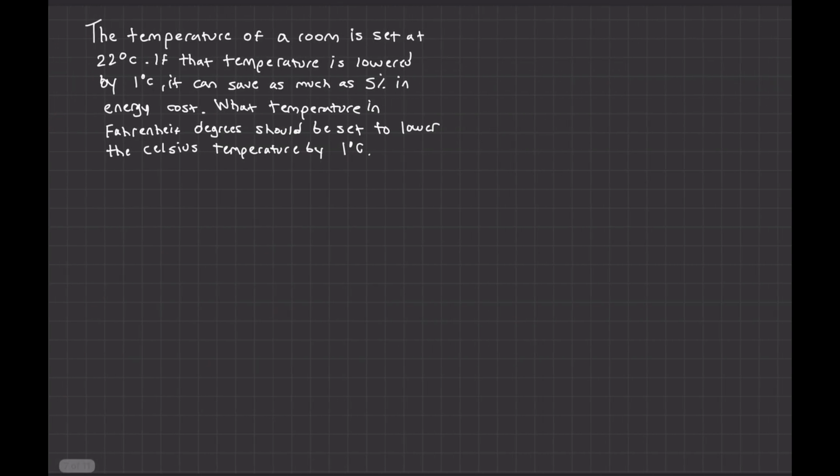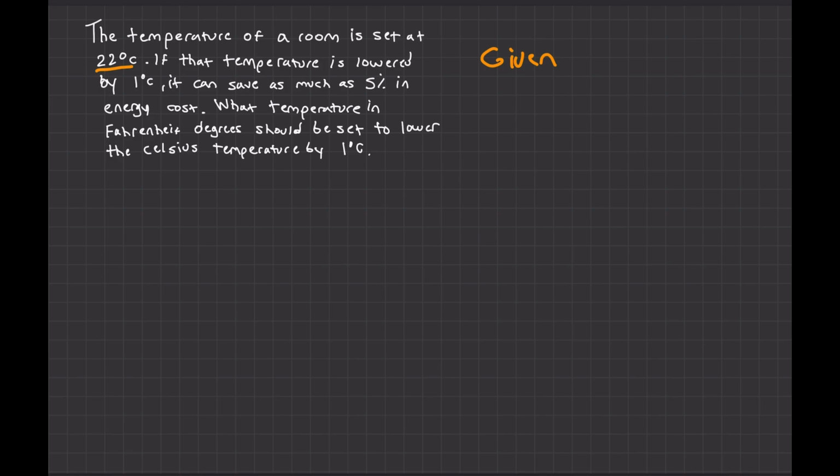Okay, so a lot of people are afraid of word problems because they pad them with a lot of wording, and you see a 5% there. Do I include that? Well, let's break this down, and what we want to do is find what's given, right? So given, we have 22 degrees Celsius.